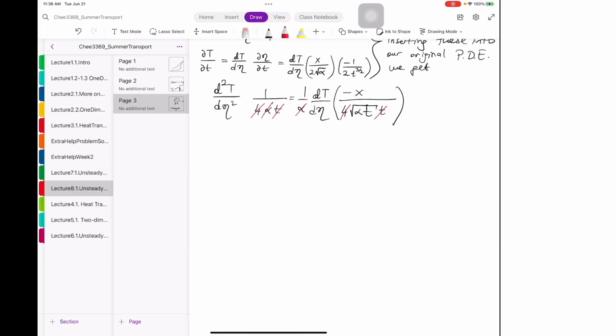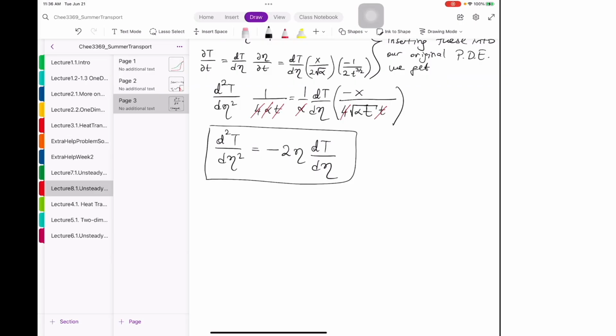And what we get is the following: d squared T over d eta squared is equal to minus, you can multiply by 2 and divide by 2, and the term becomes equal to eta, so minus 2 eta dT over d eta. So this is the equation that we find.